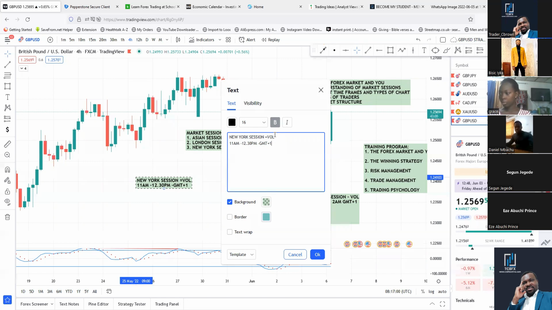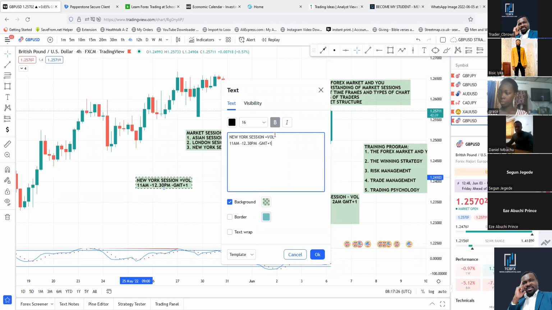Then you find out that even when there is fundamental news or anything affecting any of the currencies, if you're trading GBP USD, you discover that GBP at that time is getting weaker, and USD starts getting stronger because the market is opening and volume is coming in.